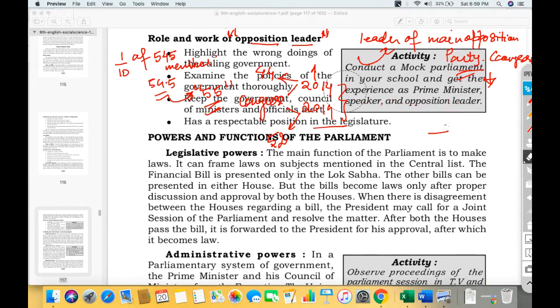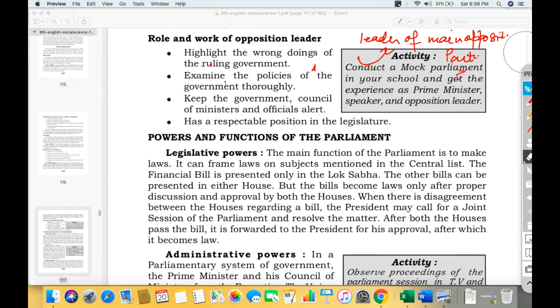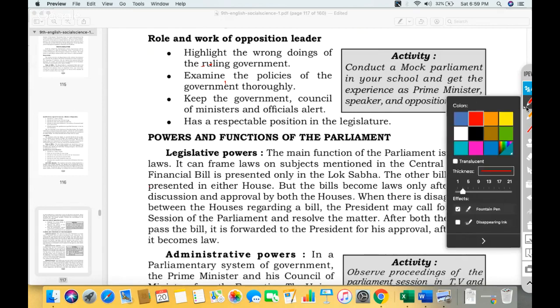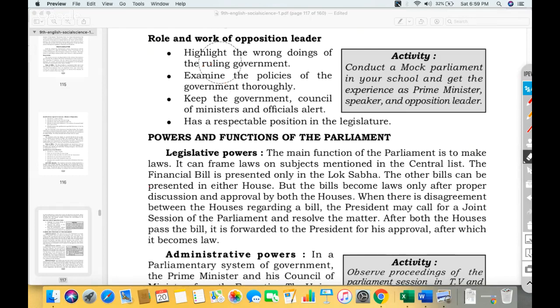So if somebody asks you that who is the opposition leader, you should say that as Congress was unable to get 55 seats in general elections just concluded in month of May, hence we don't have any leader of opposition now. But we have leader of main opposition party. Main opposition party is Congress, and Mr. Adhir Ranjan Chaudhary is leader of main opposition party.